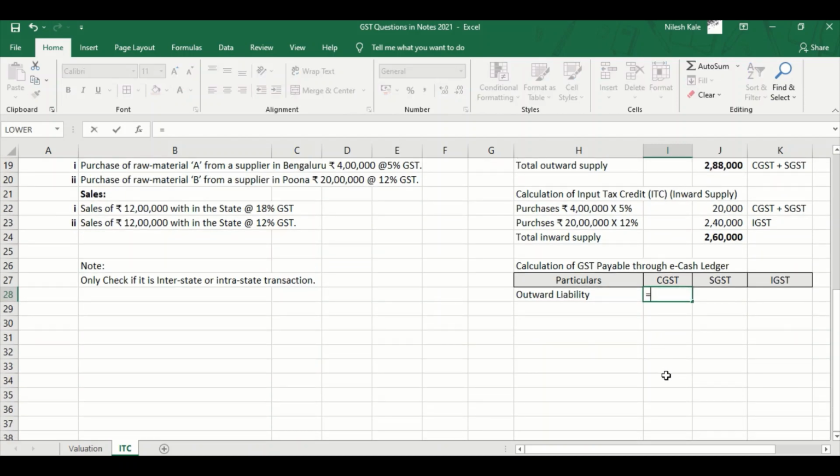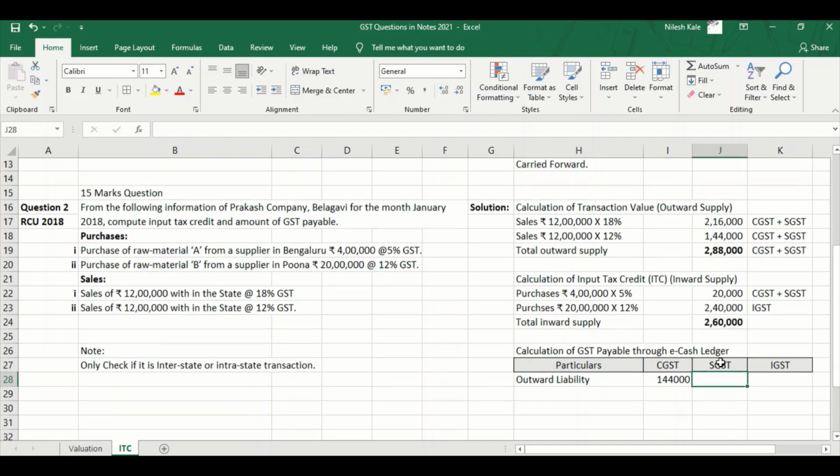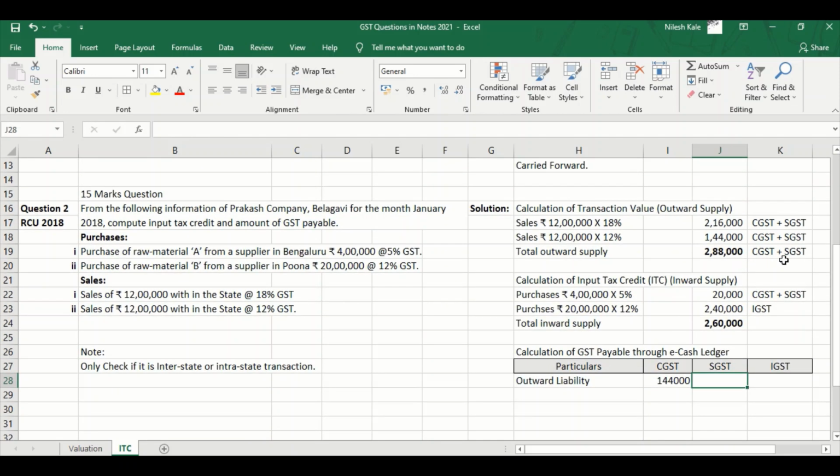So 2,88,000 divided by 2, I will get 1,44,000. And SGST is the same, because CGST plus SGST are equally distributed over here, so it will be 1,44,000.